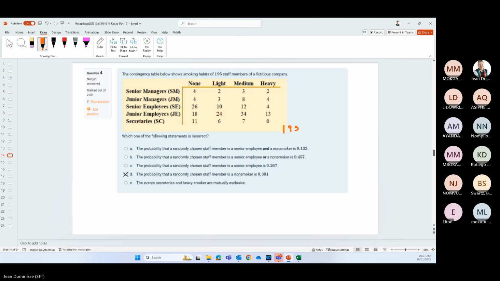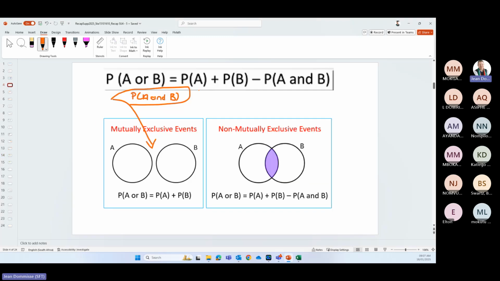About mutual exclusivity, let me quickly go back to the previous slide. Mutual exclusivity basically means that there's nothing in event A that is also in event B, so your AND will always be 0, whereas non-mutual exclusivity means that there is something in both.